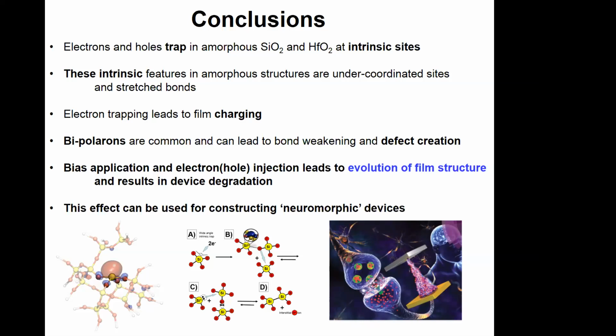This effect is a combination of electrostatics, because low coordinated sites have very different electrostatic potential, and polarization of the system. These electrostatics produce precursors for localization, then electrons or holes go there, polarize, relax the system, and you get quite deep states.